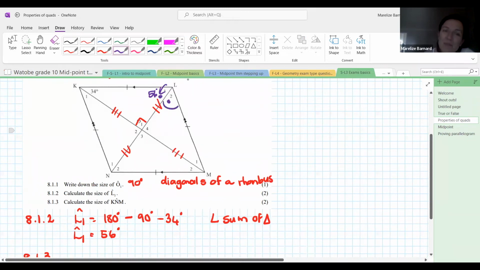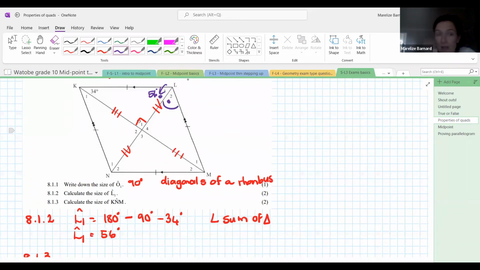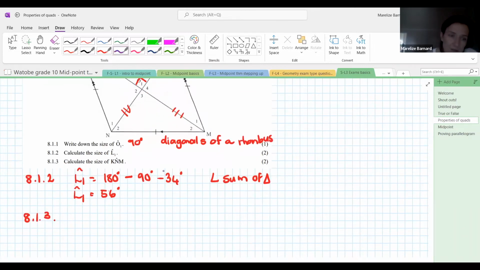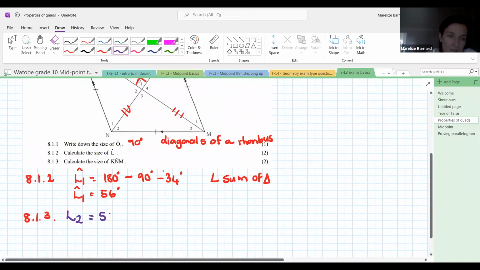So if the angle we worked out is 56, then angle L2 is also 56 because the diagonals of a rhombus bisect the angles.